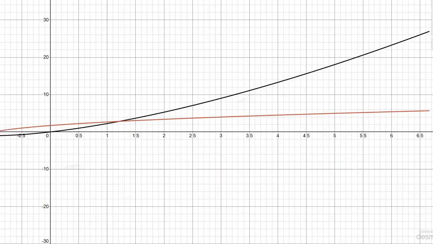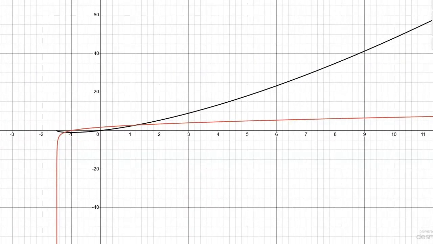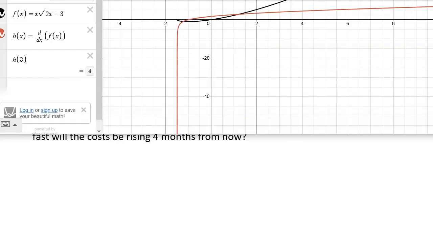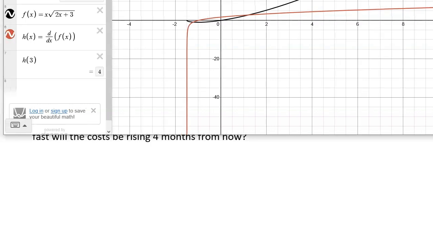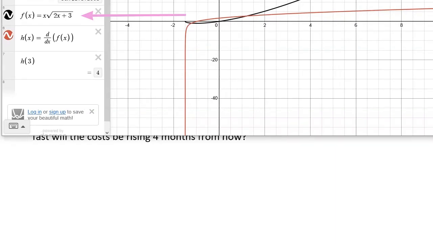But I did want to show you one thing. The function is that black line, and the derivative is the red line. So it's great to look at the graph. But the nice thing about Desmos is we can put in the function, and then it will find the value of the derivative at a certain point. For example, you'll see that right here I've put in the function.